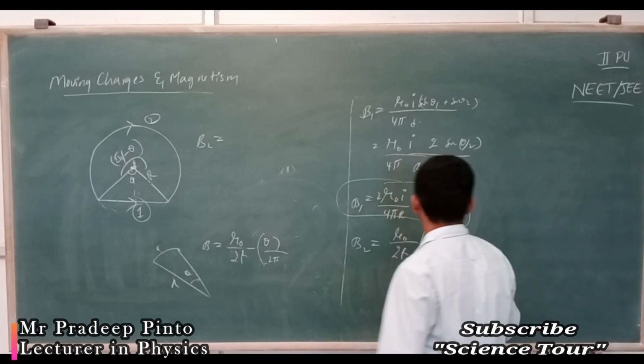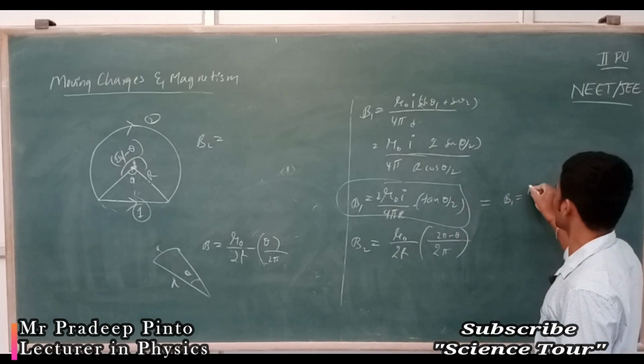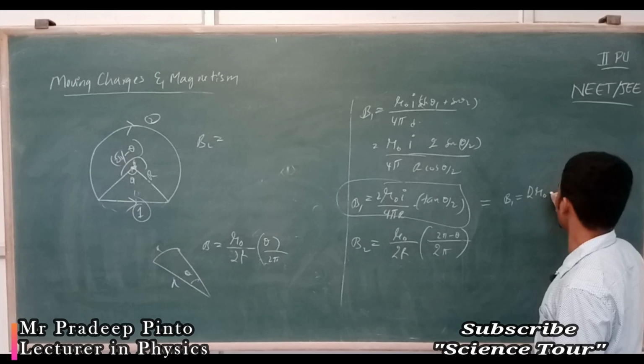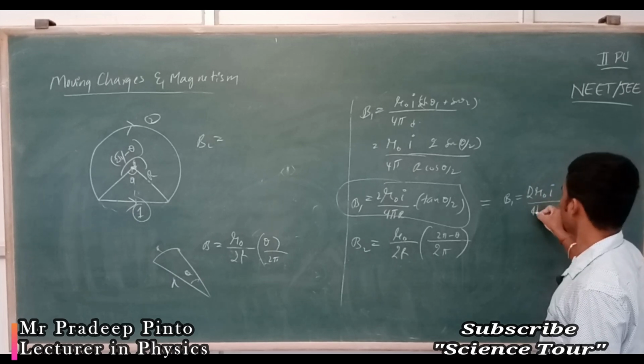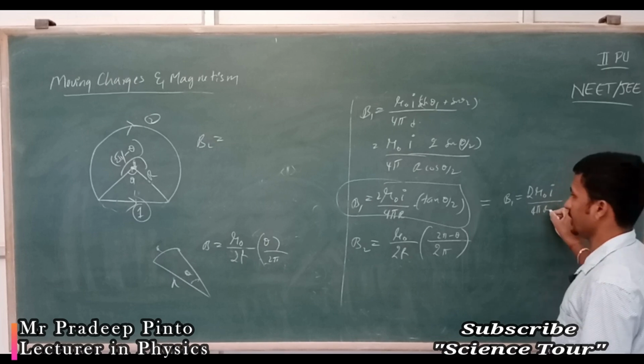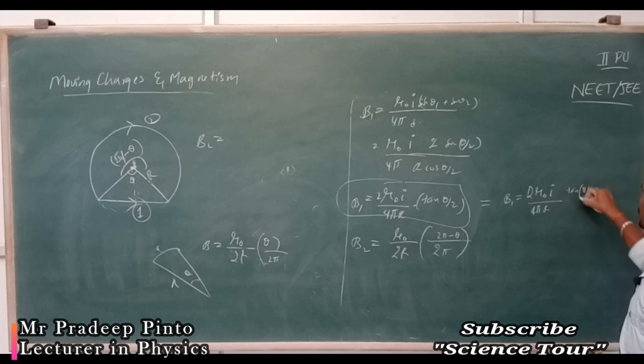So you can write B1 which is equal to 2 mu naught I divided by 4 pi r into tan theta by 2.